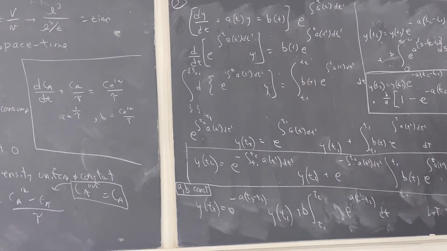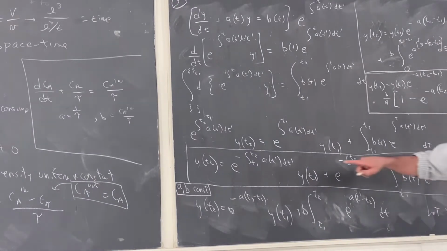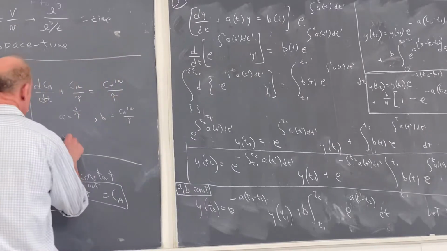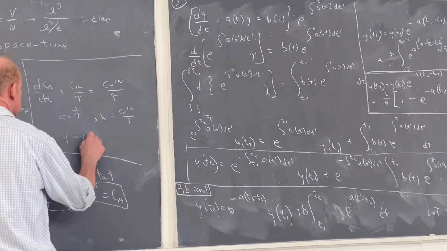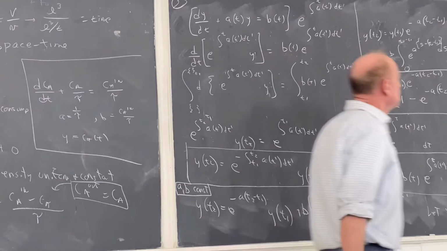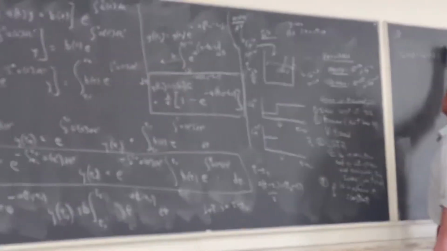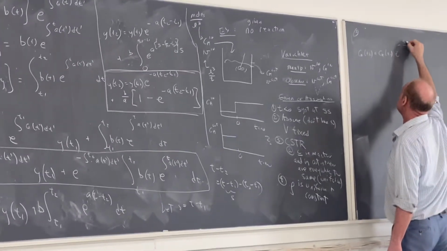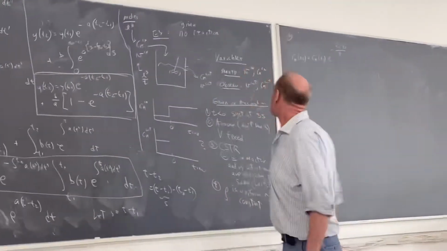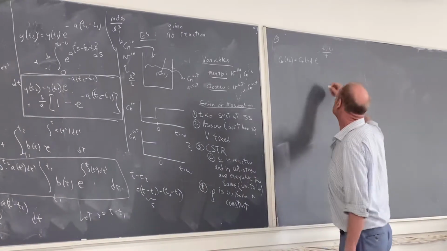Okay, so why don't we plug in here? So y in this case is CA of t. From this formula, I have CA of t2 is equal to CA of t1 times e to the minus a, where a is 1 over tau, times t2 minus t1, plus b over a.